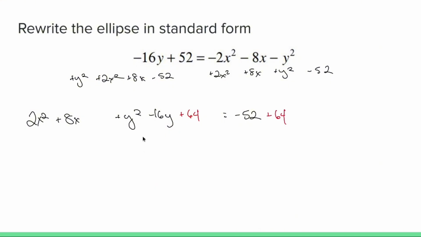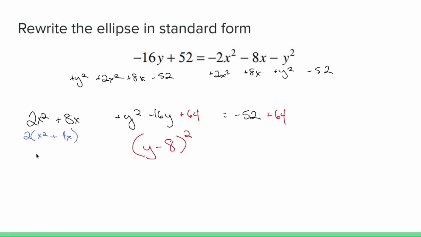Now that allows me to take that and make it y minus 8 squared, because it's a perfect square trinomial. What I have to do with this guy is factor out a 2 first, which doesn't seem bad. It's not too bad, but you'll see a confusing thing that happens in a minute. Okay, now that x squared is alone, take half of 4, which is 2.